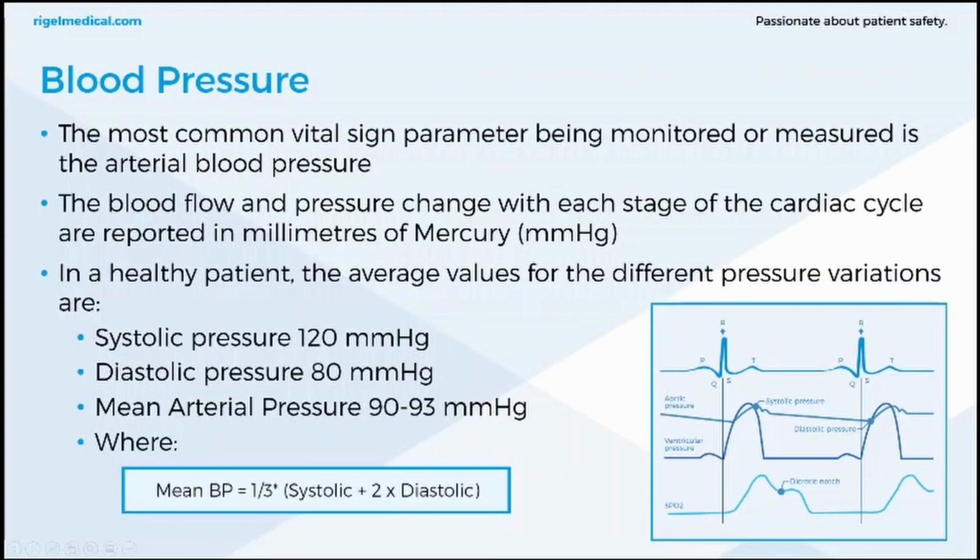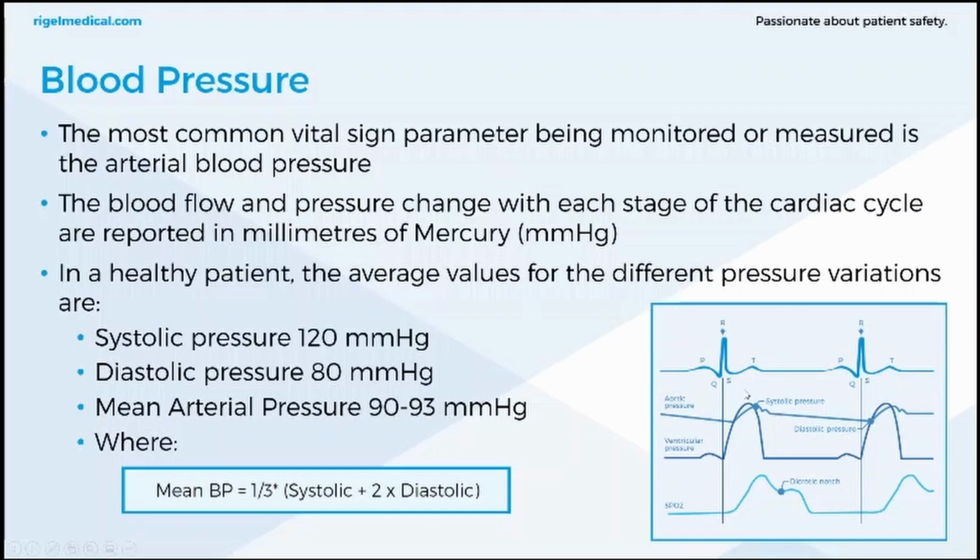So we've got blood pressure. This is the most common vital sign parameter being measured or monitored, and it's arterial blood pressure. In the image it shows the cardiac cycle. So we've got our electrical impulses and where the ventricles contract and how blood pressure is generated after the complete cardiac diastole.